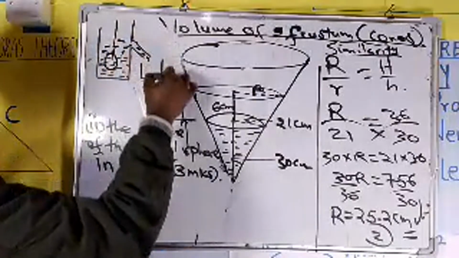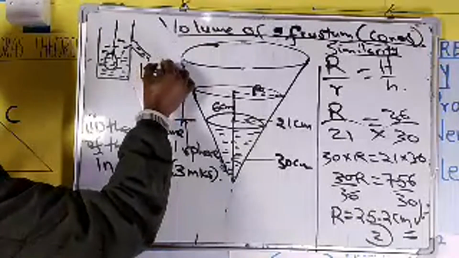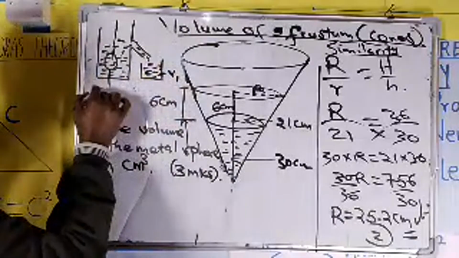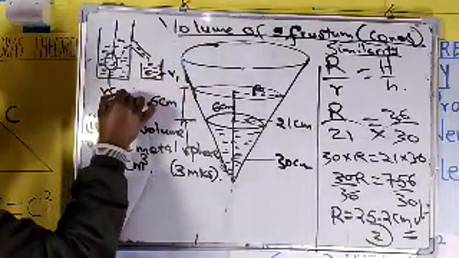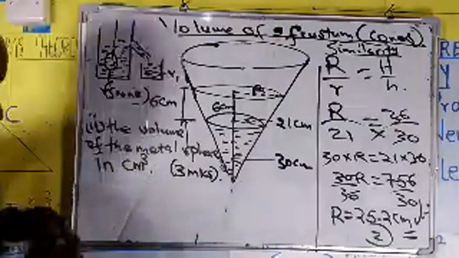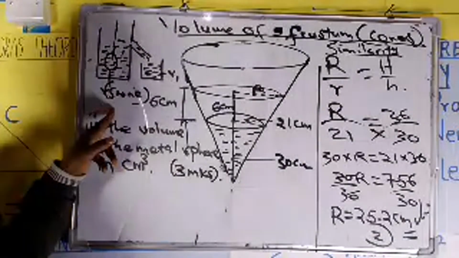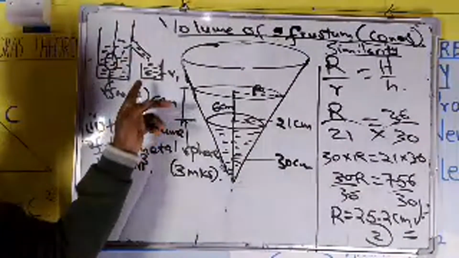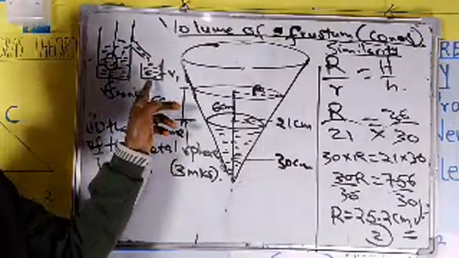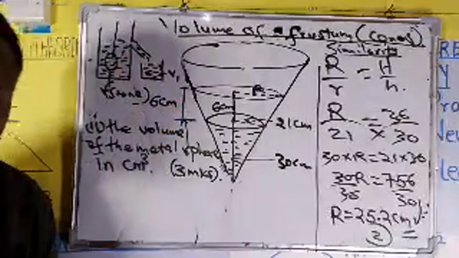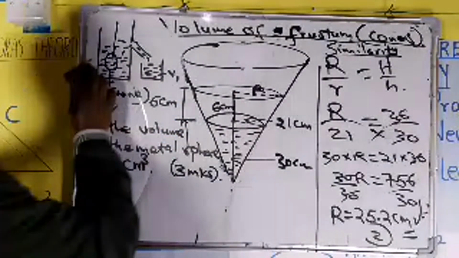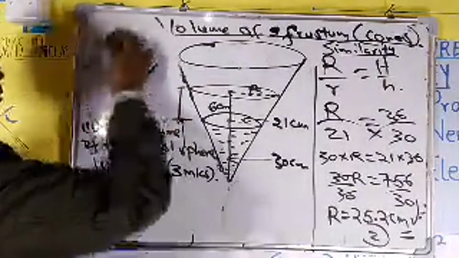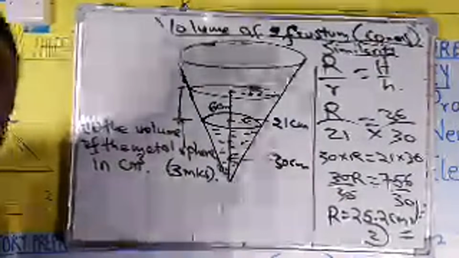So the volume of the water that flows into the measuring cylinder is equal to the volume of the stone. Why? Because the amount of water that has been displaced by the stone is directly proportional to the volume of the water in the measuring cylinder. So the same scenario applies in this particular case.